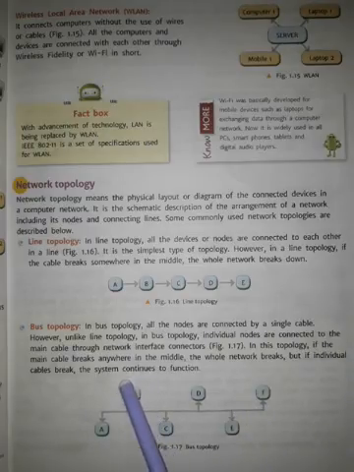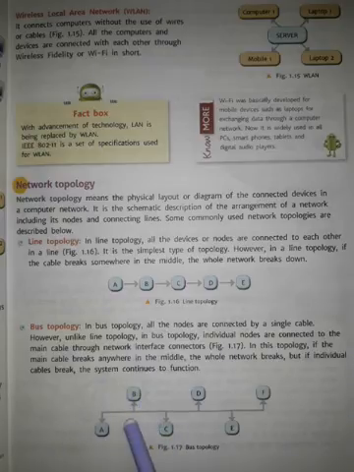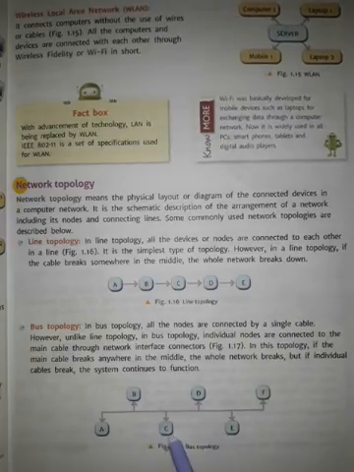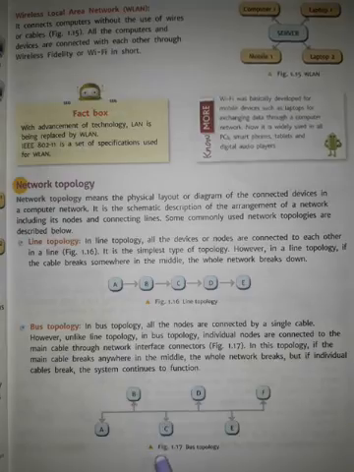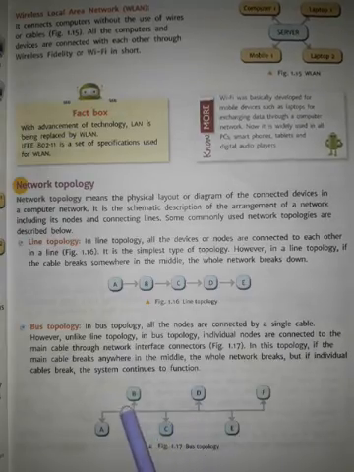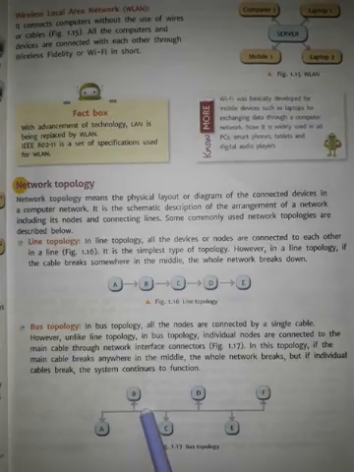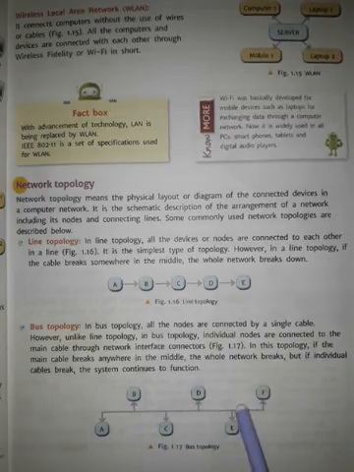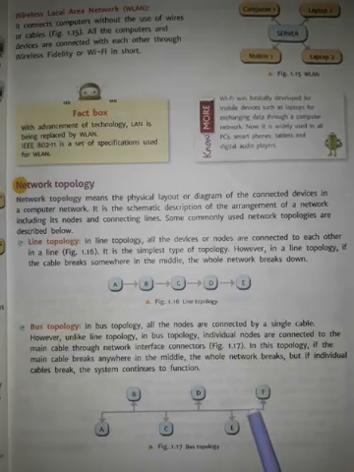So here the advantage: if any individual node disconnects from the network, then the whole network will still function. It means the network will not shut down. So it is an advantage. And the disadvantage: if the cable breaks down in the middle part of the network, the whole network breaks down.